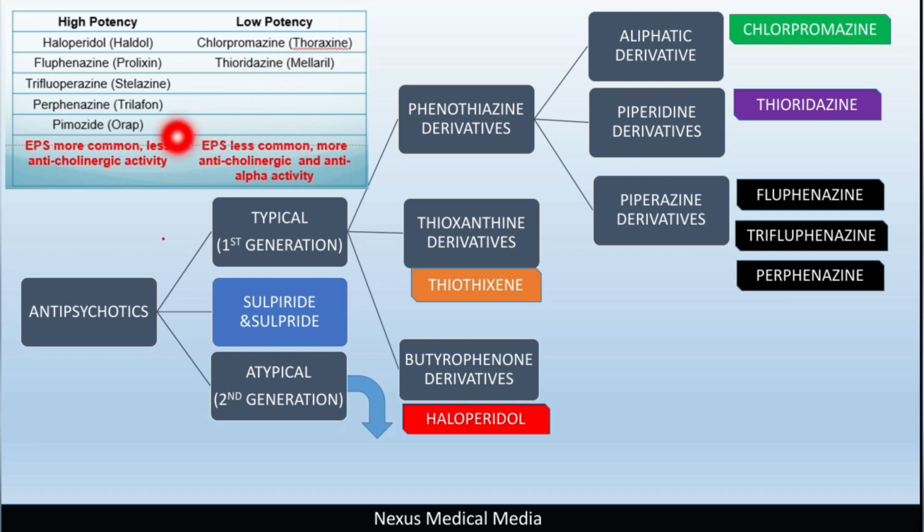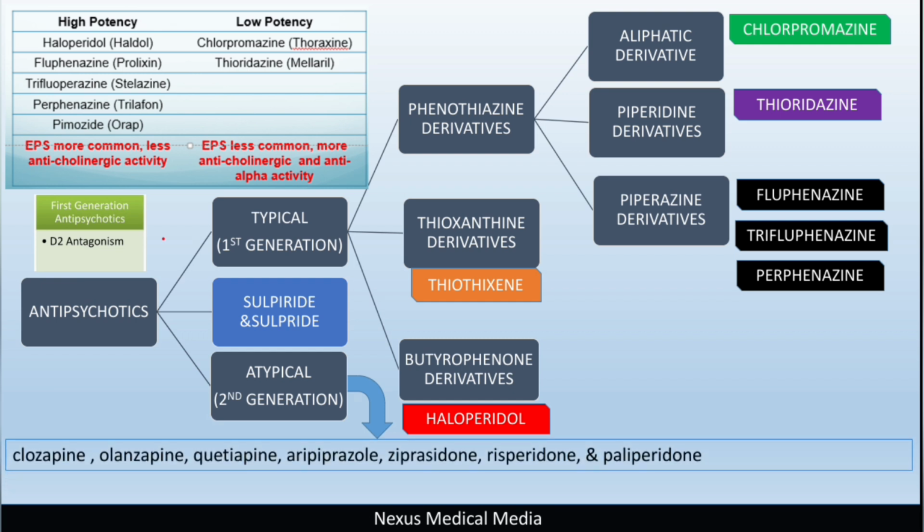High potency drugs are more likely to cause extrapyramidal symptoms and have less anticholinergic activity, while the low potency are less likely to cause extrapyramidal symptoms but have more anticholinergic and anti-alpha activity. The first generation antipsychotics mainly act by blocking the D2 dopamine receptors, so they have D2 antagonism.